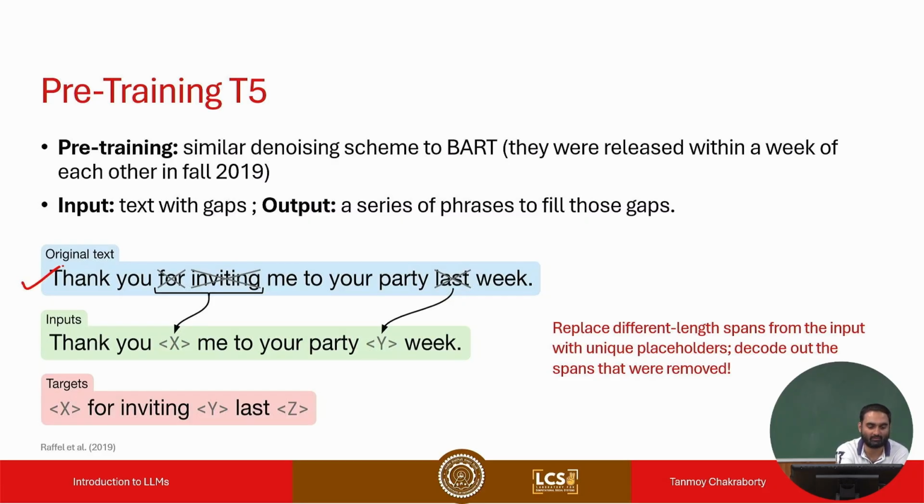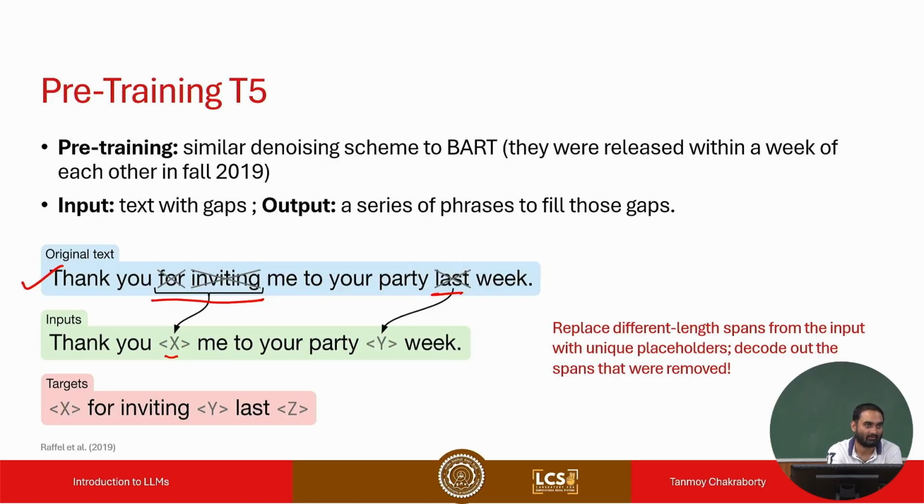So for example, your input is, "thank you for inviting me to your party last week." You identify a span of size 2 here, and a span of size 1 here, and you mask them. And the difference here is that for every span corruption, you have a different mask token.